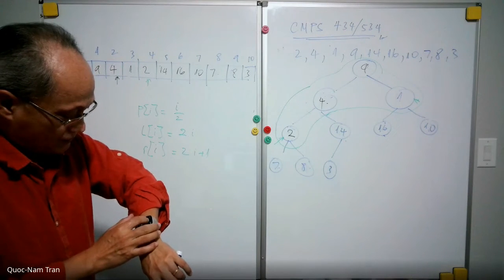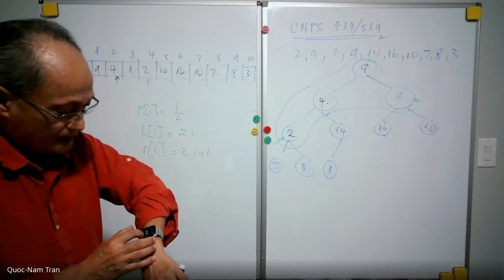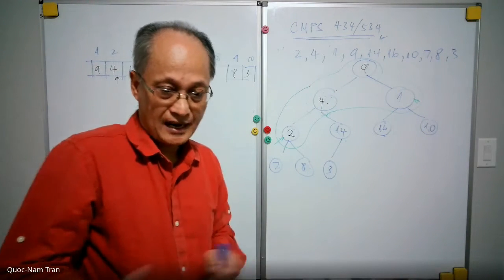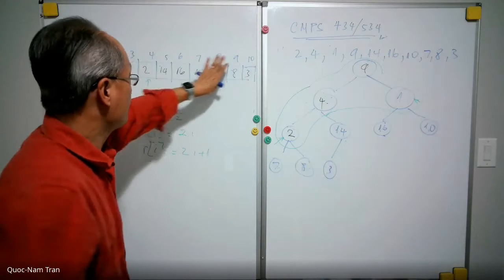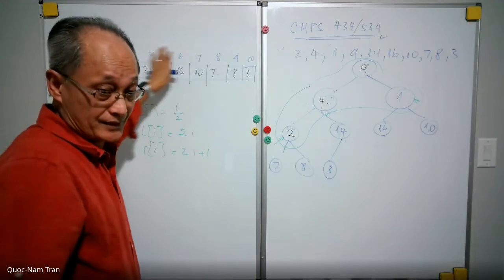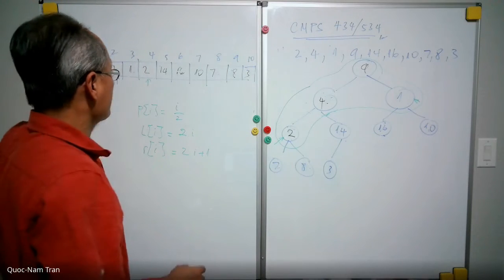I'll give you, let's say, 3 minutes. And then after you finish, type in a list of numbers in the message so I know what results you have.